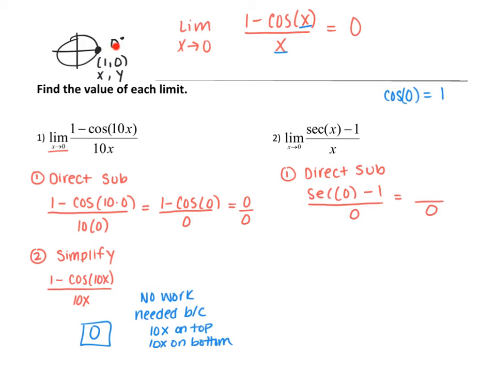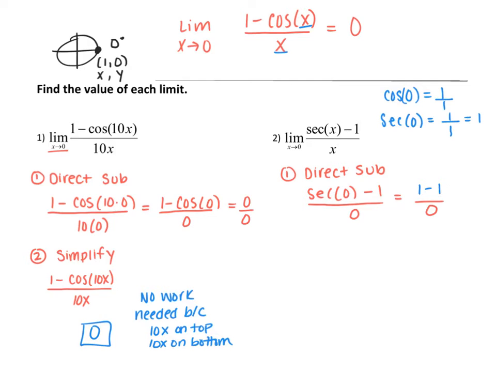Cosine of 0 degrees is the x value, so cosine of 0 is 1. So if I want to find secant of 0 degrees, I just need to flip 1 over 1, which flips to 1 over 1, which is 1. So secant of 0 is 1.